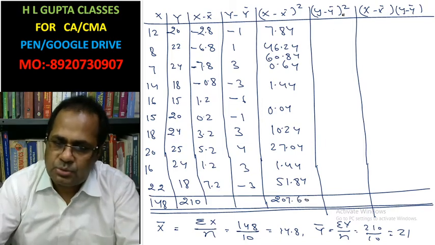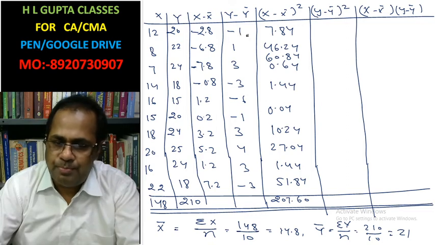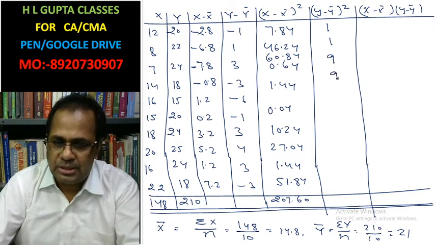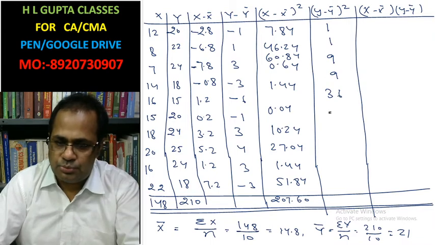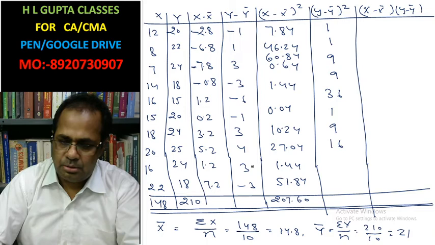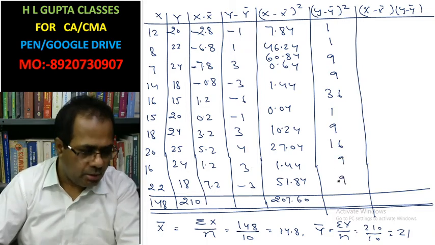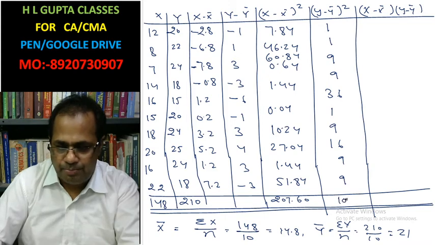Similarly, (y minus y bar) whole square: 1, 1, 9, 9, 36, 1, 9, 16, 9, 9, and the total is 100.